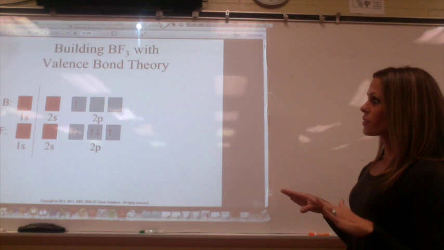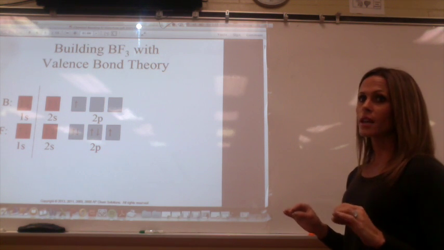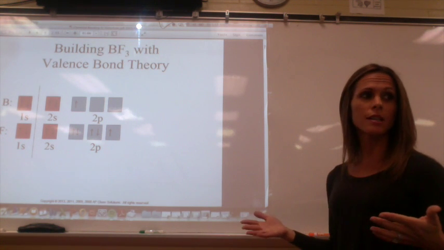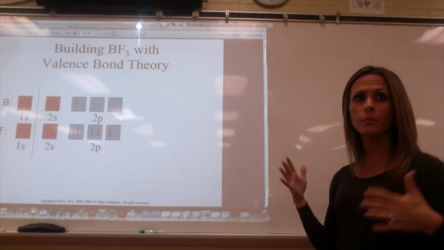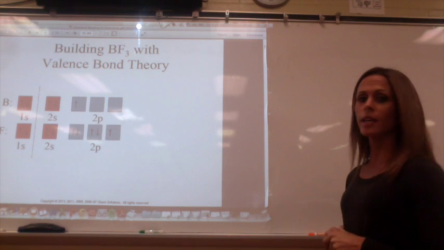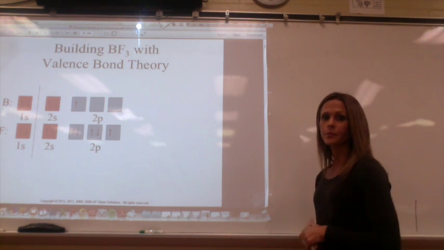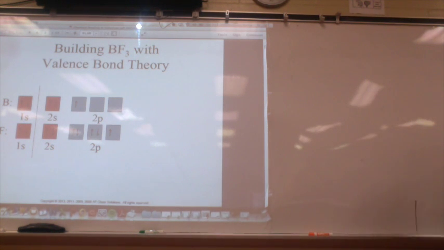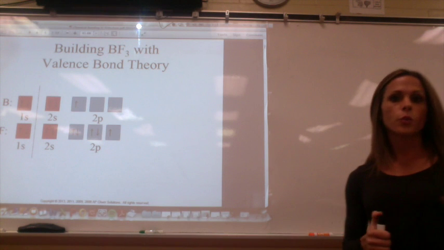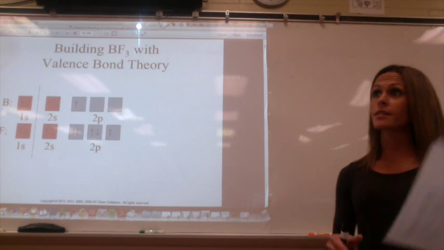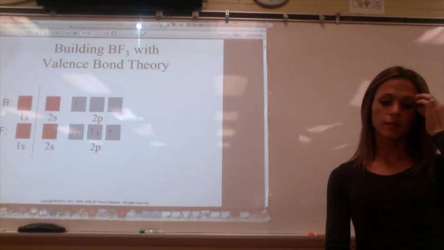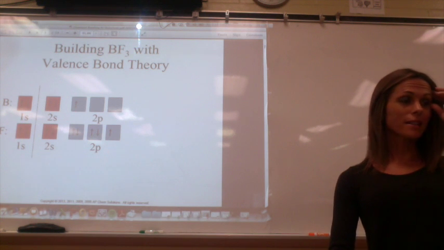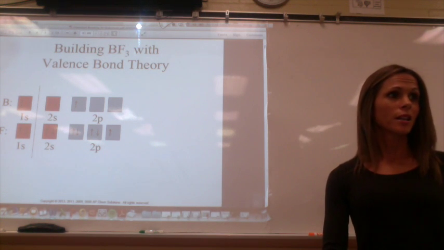So these are the electron configurations of these atoms. So probably take your periodic table out. It will help you see where all the numbers are coming from and kind of keep up with the lesson. So we know that boron has 5 protons, and max that it can hold is how many? 6.